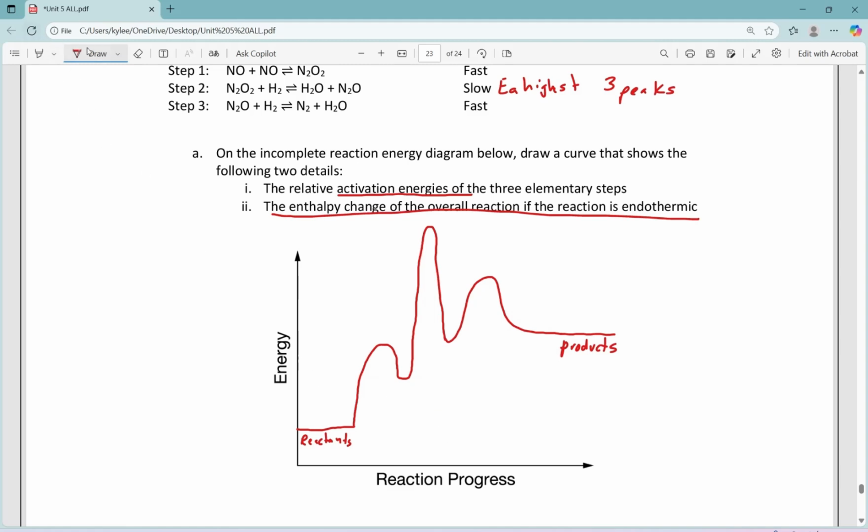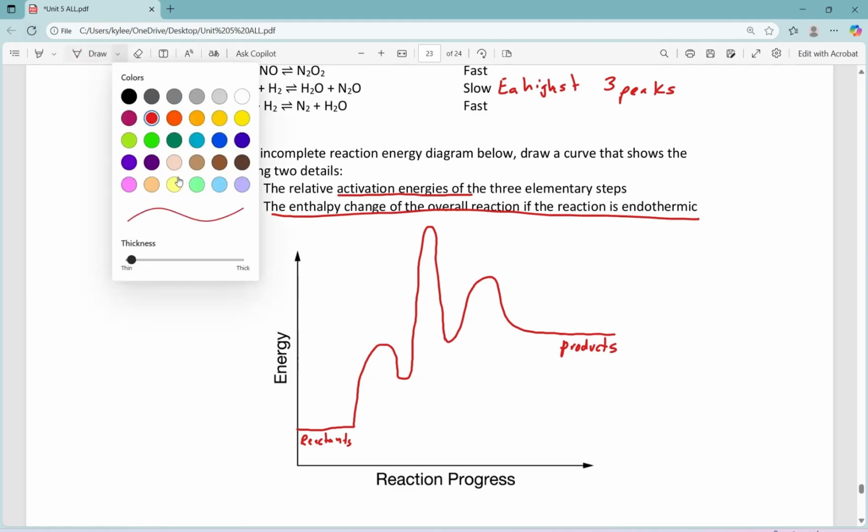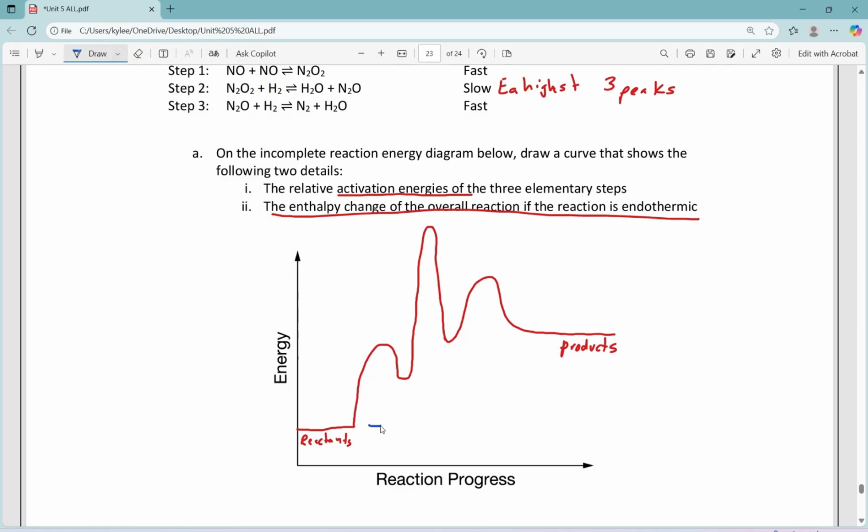Again, I just want to emphasize that if they had given me more information, I could have provided more details as far as like if step 1 was endothermic or step 2 was exothermic or anything like that. But they didn't tell me that, so I can only construct my graph based on what they did give me.